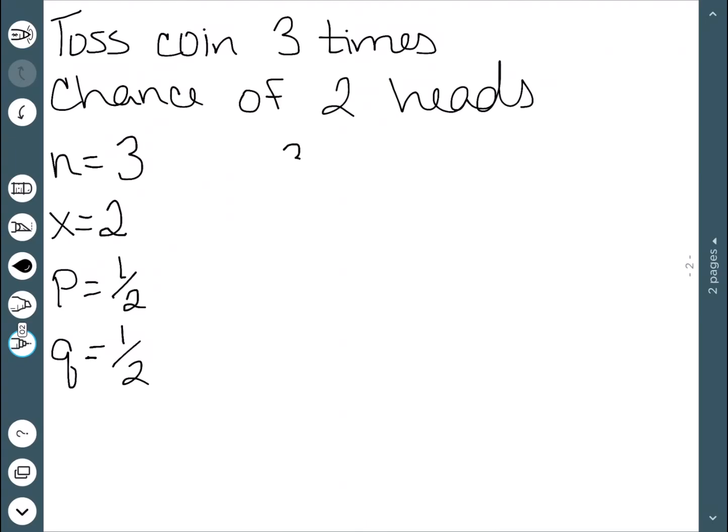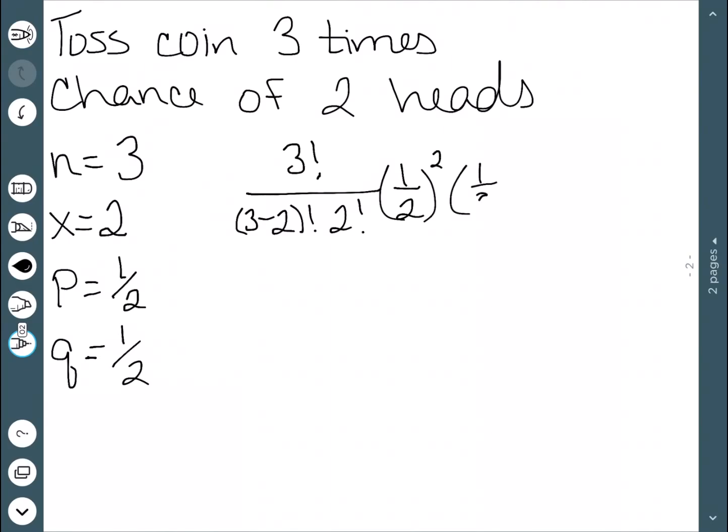My formula then says 3 factorial over 3 minus 2 factorial times 2 factorial times P to the x power times Q to the n minus x power.